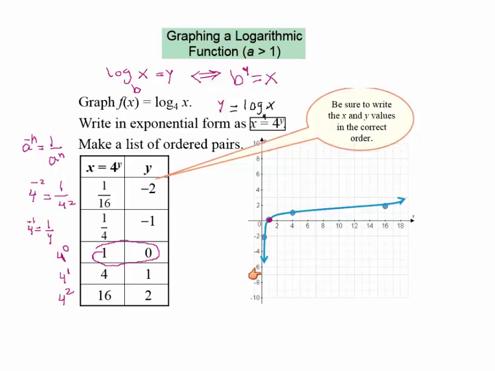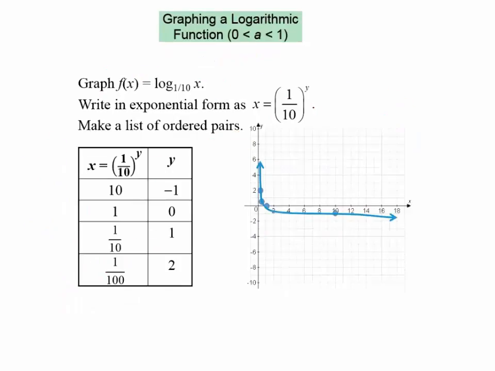That gets really, really close to 0. It gets closer and closer to this line here, but it never touches this line. So you can collect these ordered pairs and retrieve the shape of the graph this way.